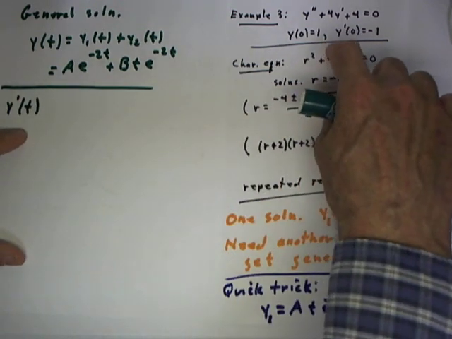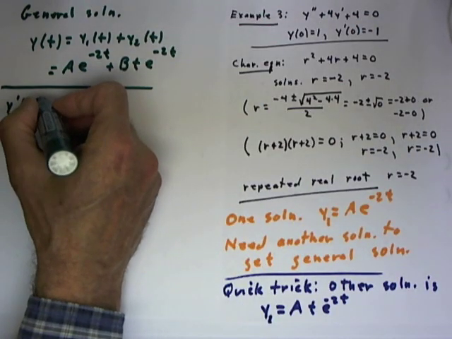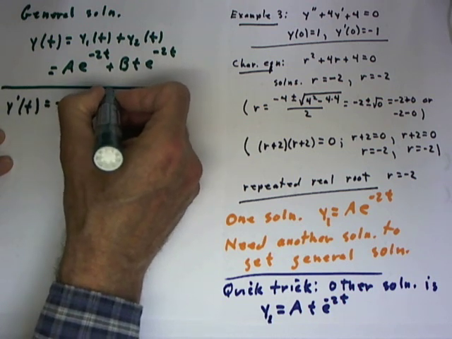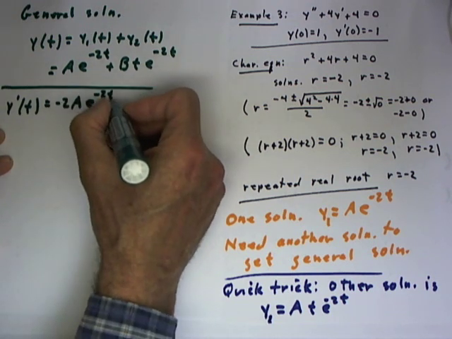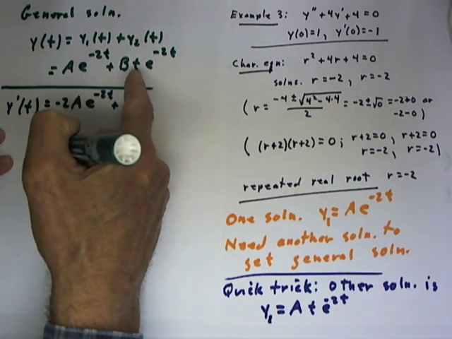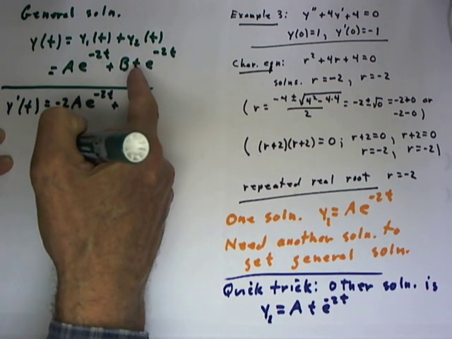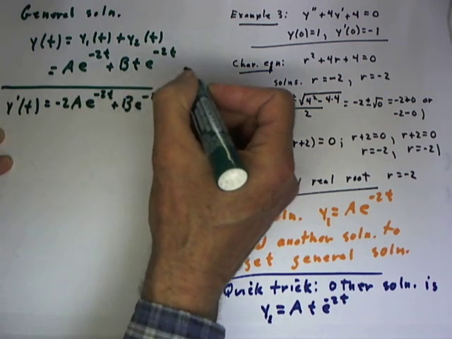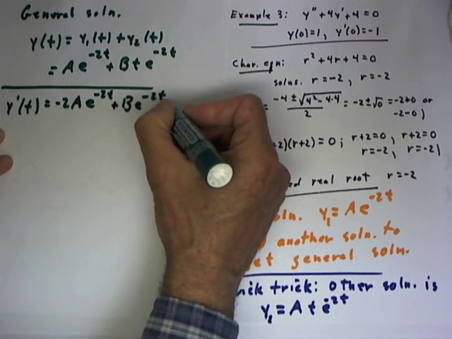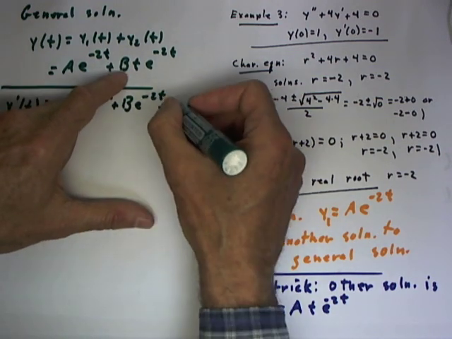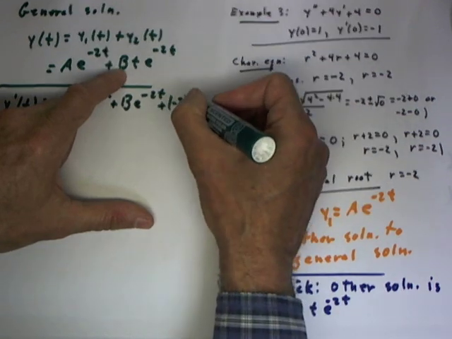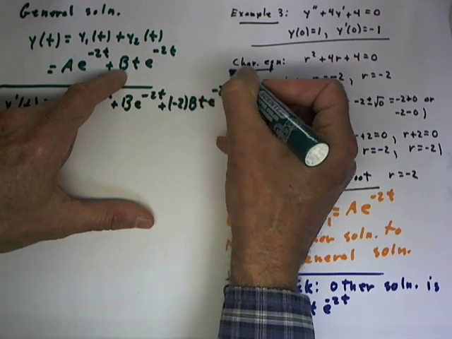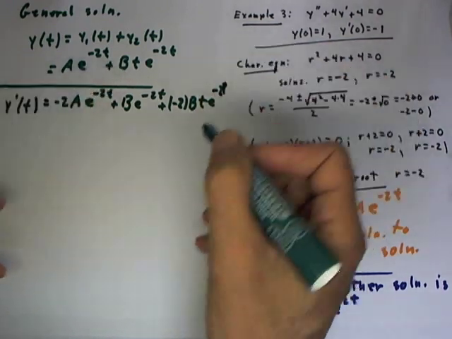Well, one of the initial conditions is on the derivative y prime, so we know that y prime of t equals negative 2a e to the negative 2t plus what? Product rule, t e to the negative 2t. The derivative of t is 1, so we get b e to the negative 2t. And then we get plus negative 2 b t e to the negative 2t. Things got a little crowded there.